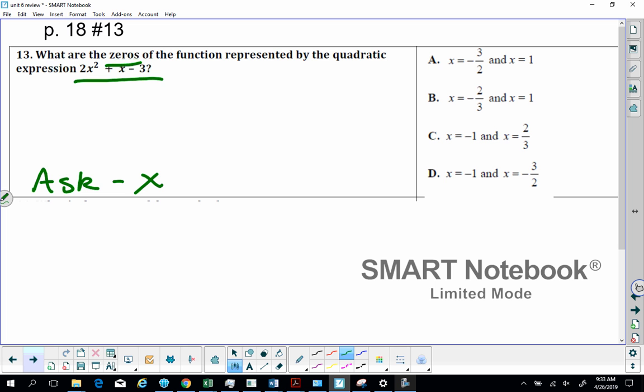So we know that -3/2 is an answer. C doesn't have -3/2, and B doesn't have -3/2. So what do I need to ask X next? What do I need to type in? We typed in -3/2. What do we need to type in now? +1. Good. Type it in.